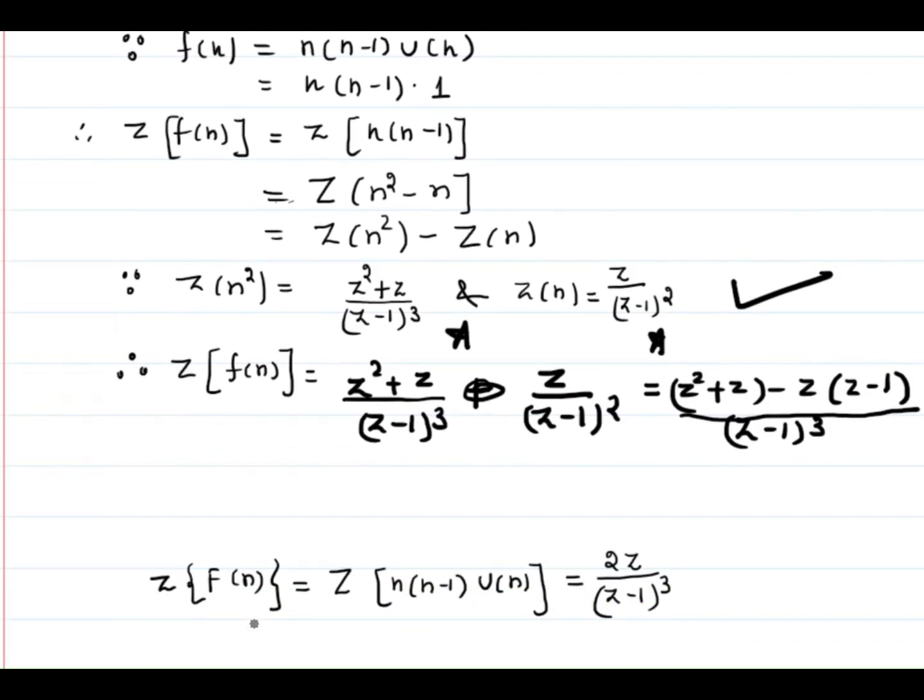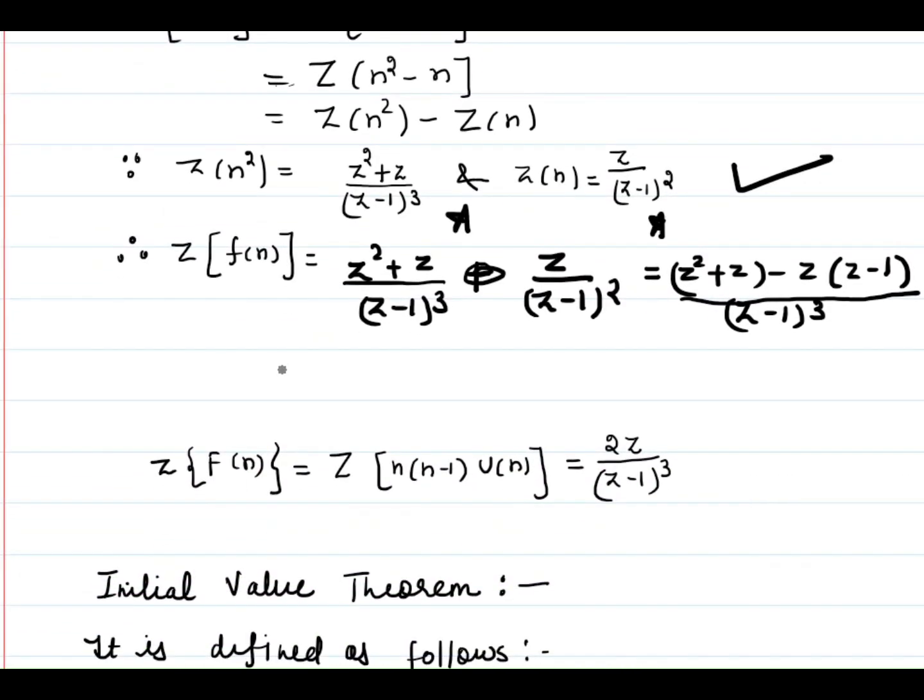Solving this, z of fn, that is z of n into n minus 1 into un, becomes z square plus z minus z square plus z upon z minus 1 the cube.